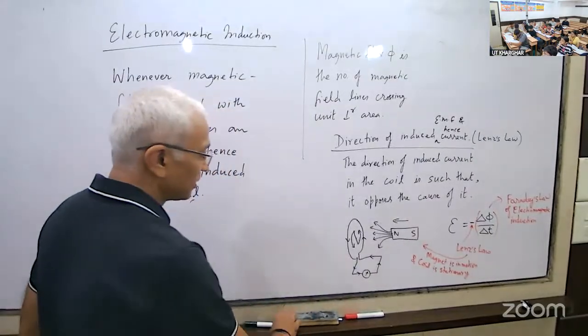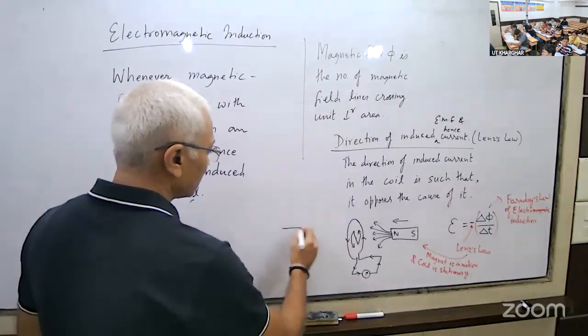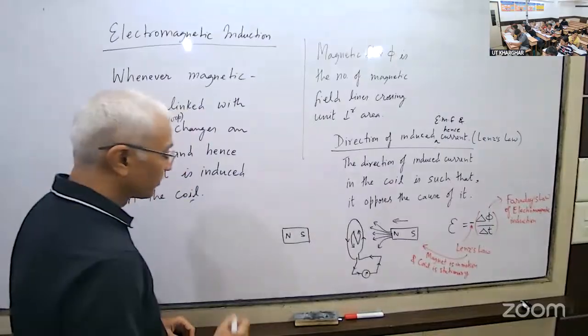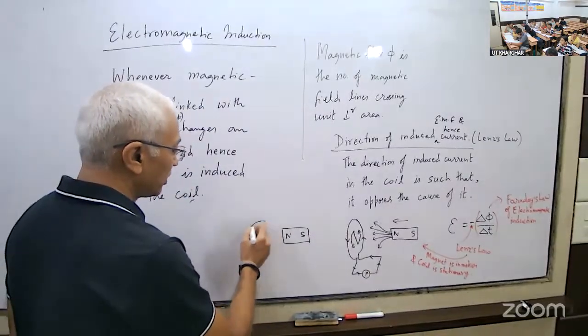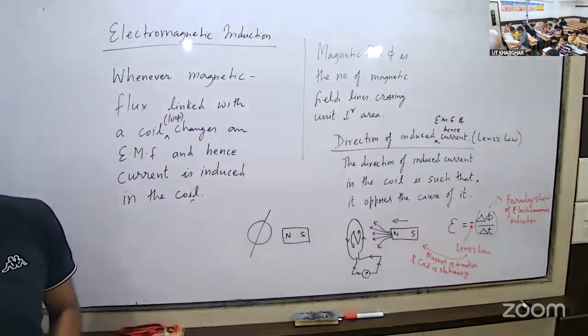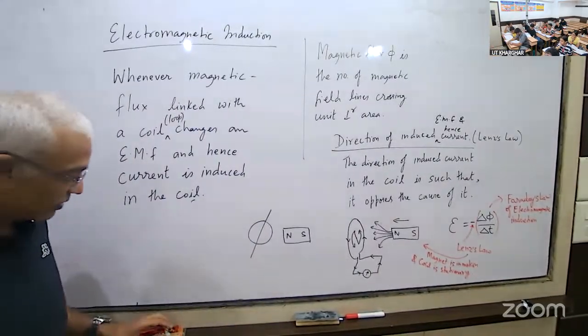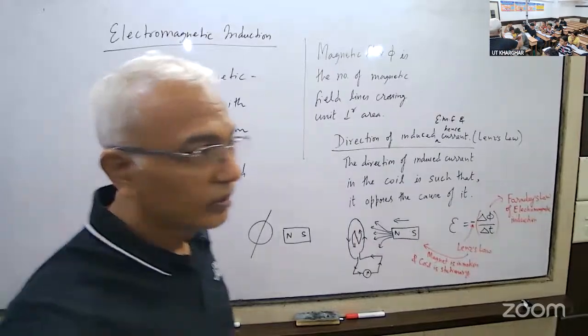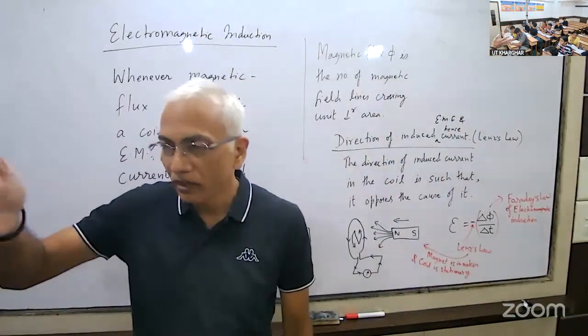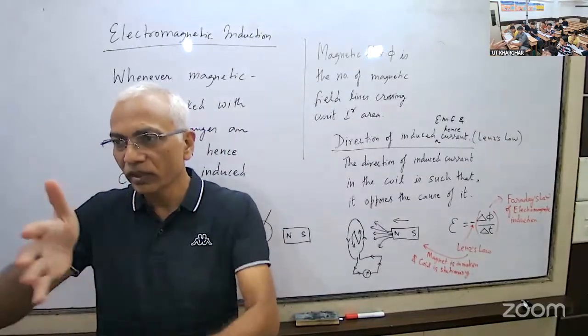Let us say I have a magnet here and this coil is mounted on an axis. Coil is mounted on an axis, right? So let's say this palm is a coil, okay?